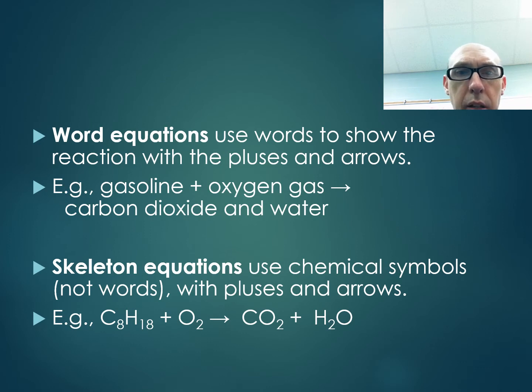So our gasoline is C8H18, so that right there is gasoline. And the other chemicals, the oxygen gas, the carbon dioxide gas, and the water vapor, we recognize those symbols fairly easily. Moving on in 3, 2, 1.